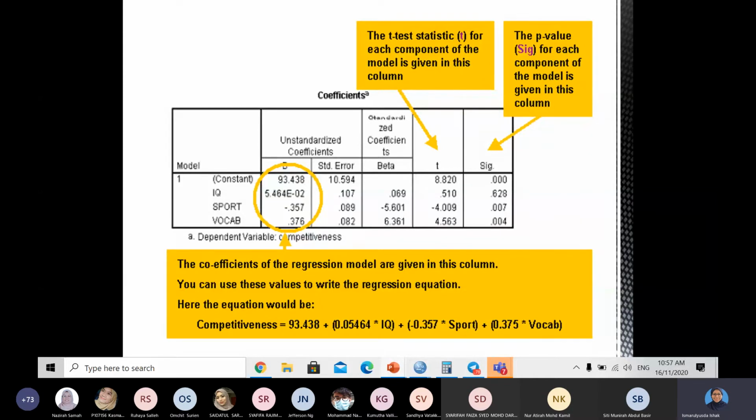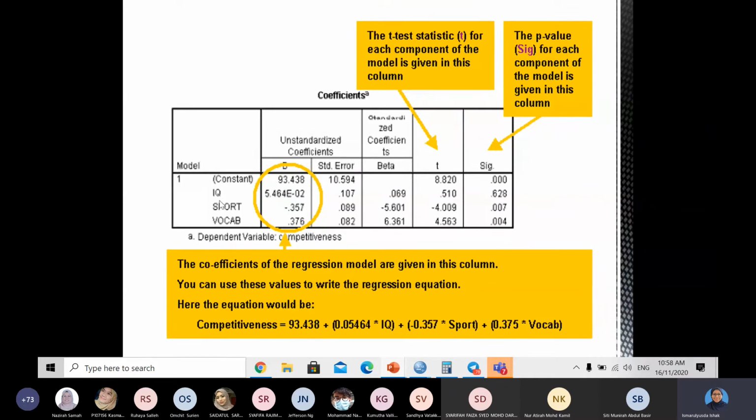But if it is much more, maybe not 150 but 1,000 or 2,000 minutes per week, this will give you a lower result for competitiveness. So you got the significance and the positive or negative sign here. IQ is not significant, but sport and vocab are significant.